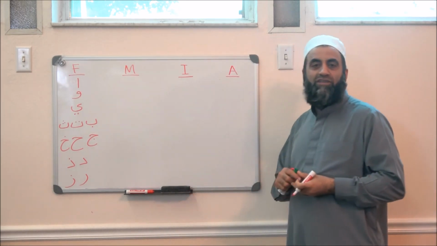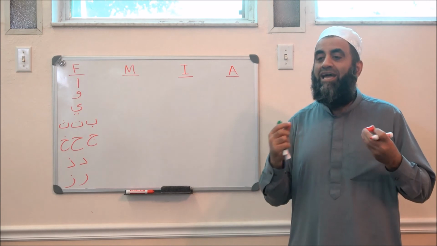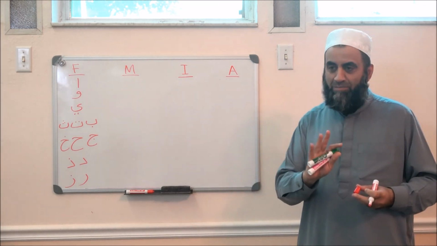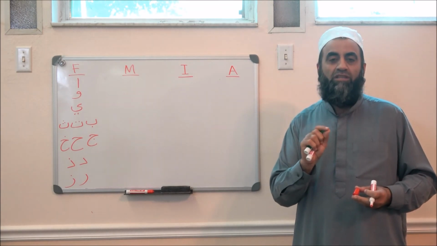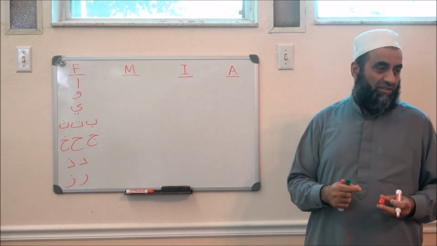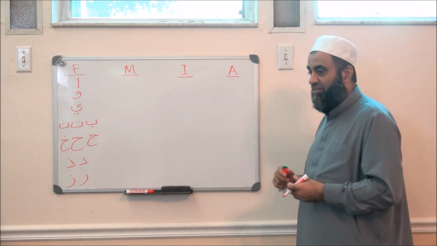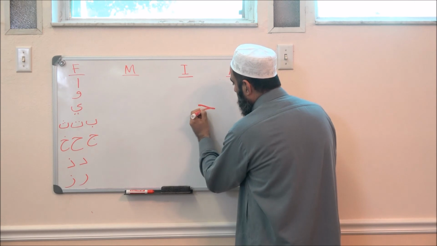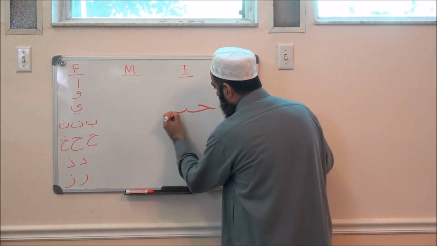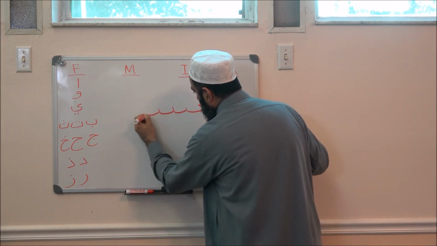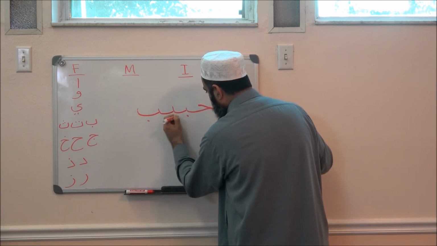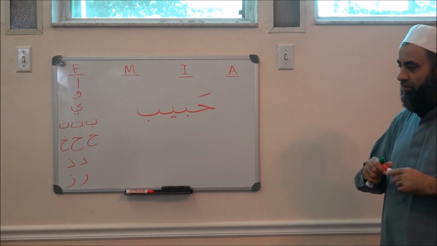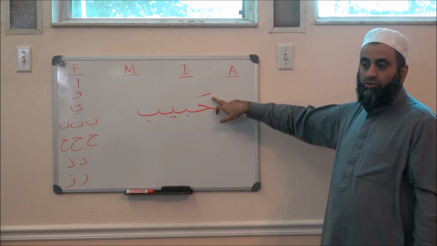What do we call the Prophet ﷺ? We call him Al-Habib, our beloved. Today I'm not going to write the Al. We will introduce it later, and the meaning of the Al. Okay? So we will write the word Habib. Consonant plus short vowel, ha.